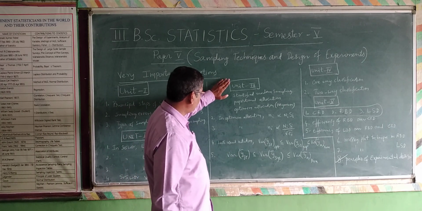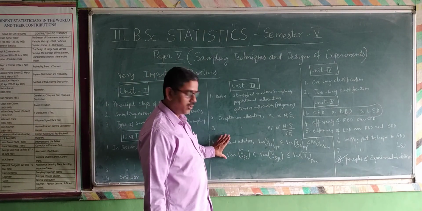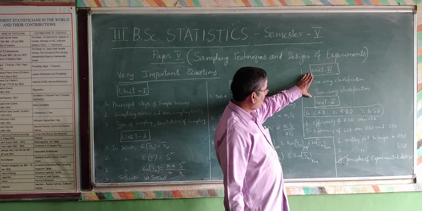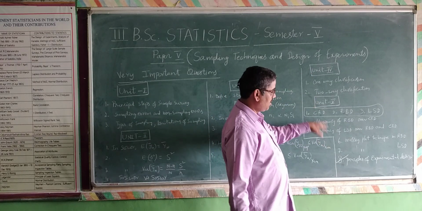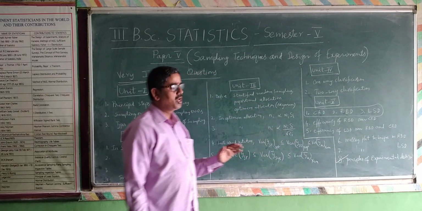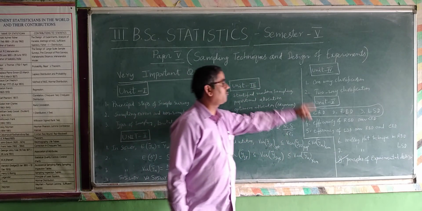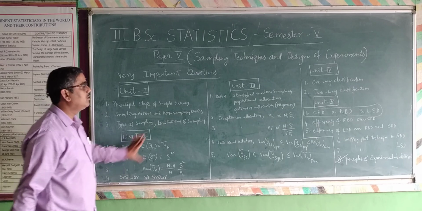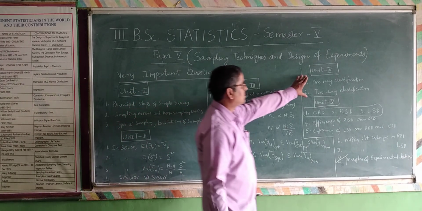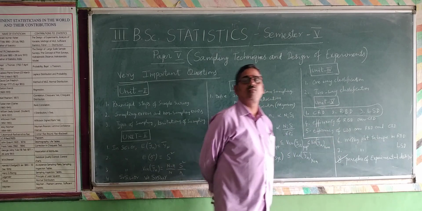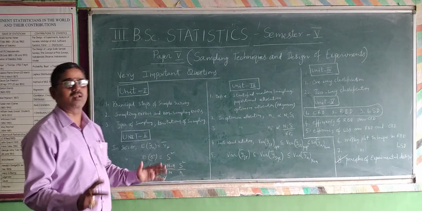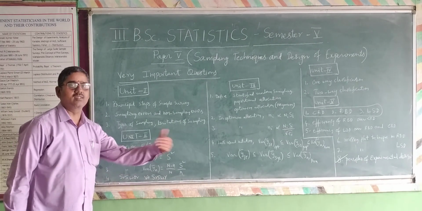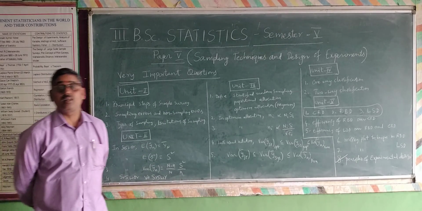Unit 3, along with the definitions, 2 theorems and 2 questions. 4 plus 2 is 6, plus 2 is 8, plus 4 is 12. At a minimum, read 12 questions from Units 2, 3, 4 and 5. You will definitely pass. This 12-question package I am giving you will definitely get you through the examination.